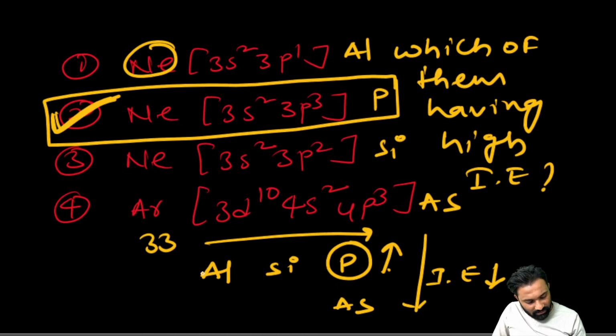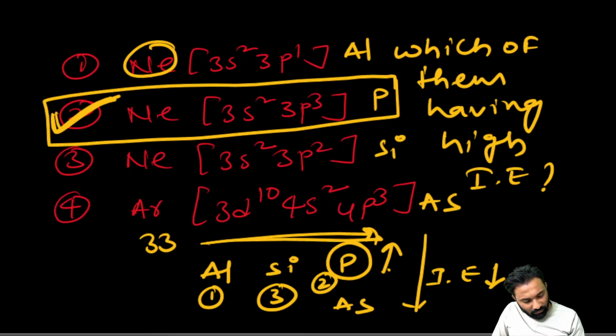Left to right ionization energy is increasing, top to bottom it is decreasing. Arsenic is exactly below phosphorus, but top to bottom ionization energy decreases. So the answer is 2.